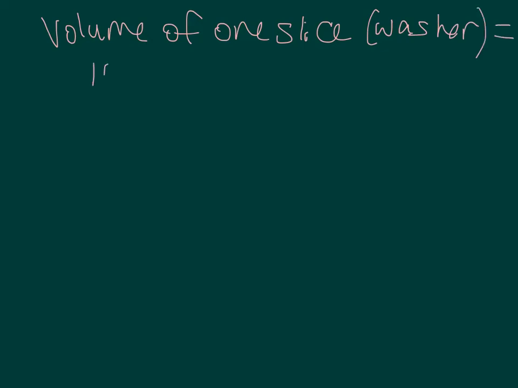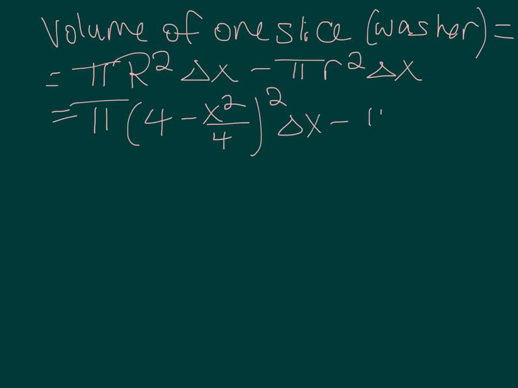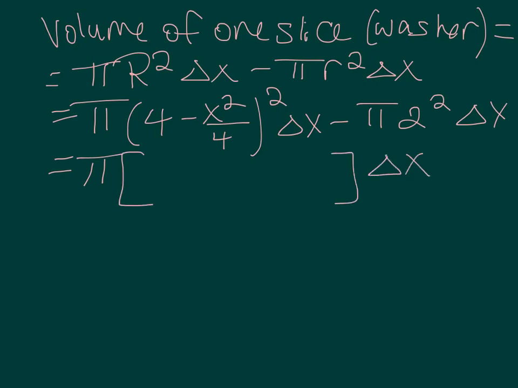It's pi big R squared delta x minus pi little r squared delta x, which is pi, our big R was 4 minus x squared over 4, squared, delta x, minus pi, our little r is 2 squared delta x. I can pull the pi out in the front and pull the delta x out at the other end: (4 minus x squared over 4) squared minus 4.